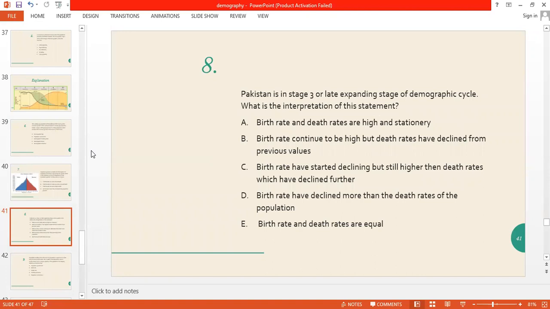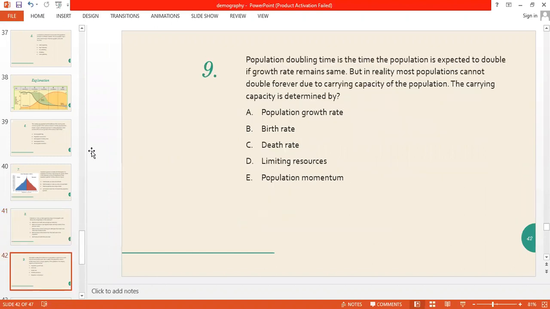D, birth rate has declined more than the death rate. E, birth and death rates are equal. C is the right answer. The late expanding stage shows the birth rate has started declining, but is still higher than the death rate.